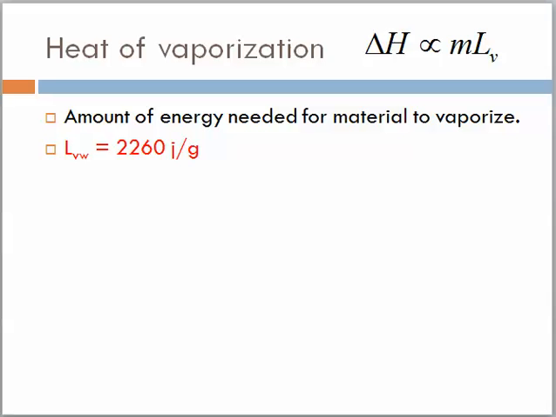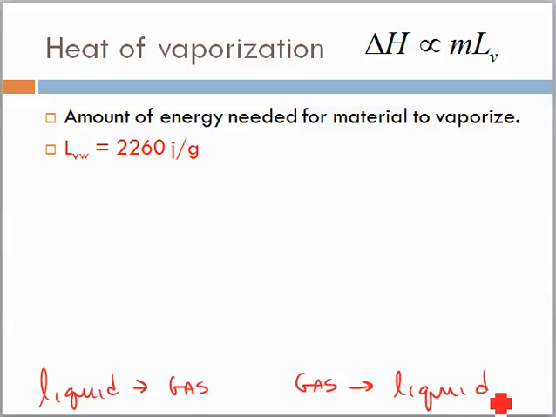The next one then is vaporization, and this one is when you're going from a liquid to a gas, or you're going from a gas to a liquid. Again, we're not talking about the changing of a temperature. There's no temperature change during these latent heat periods. What there is, is a change of state. And if you're going from a liquid to a gas, we have heat going in at the rate of 2,260 joules per gram.